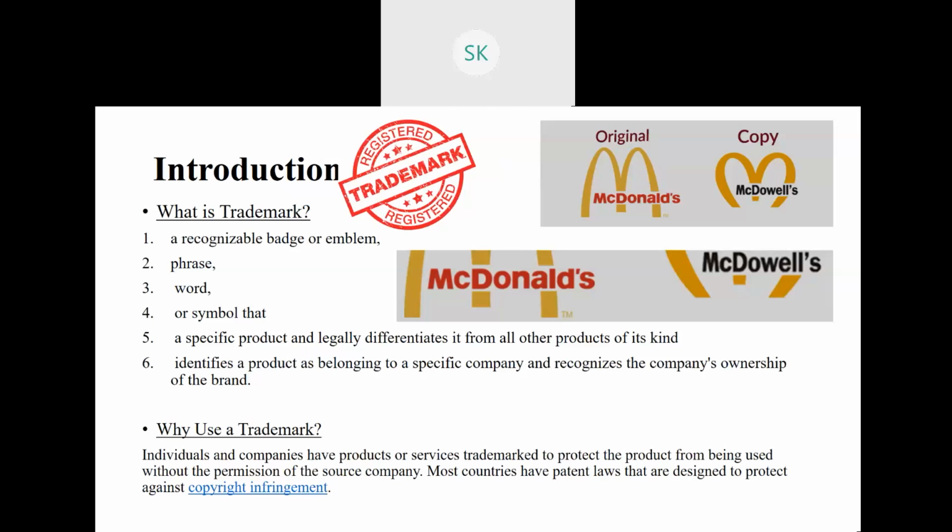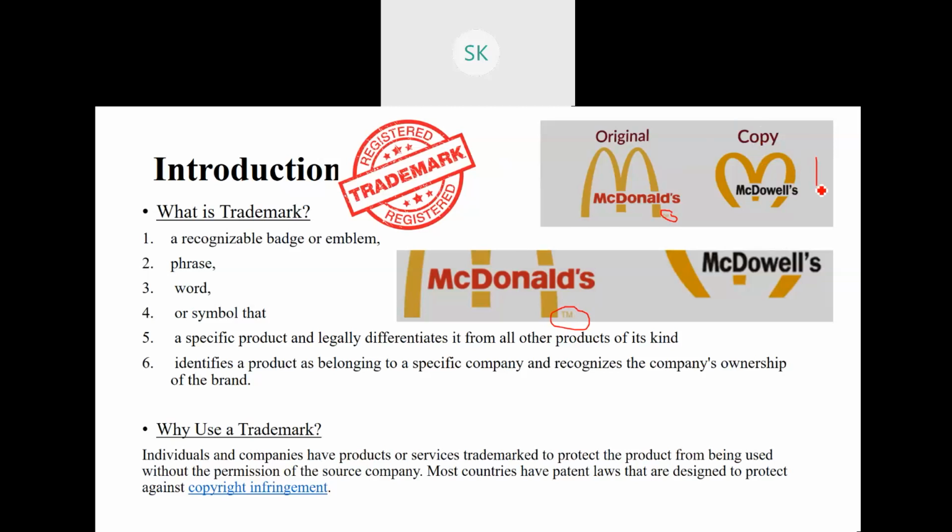In this example of McDonald's, here we have written TM. If we zoom that image, here is written TM, which is the short form of trademark. And this second one is the copy. If we compare the two images, they are similar.